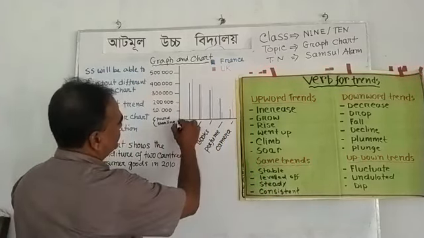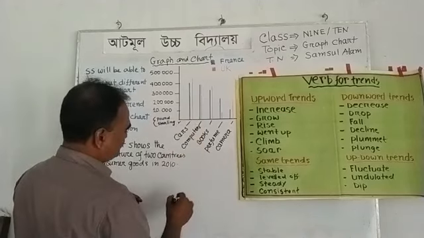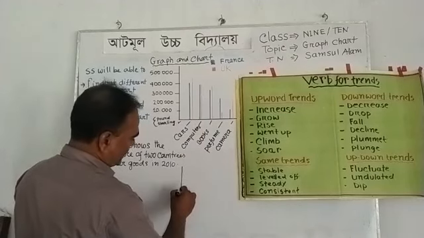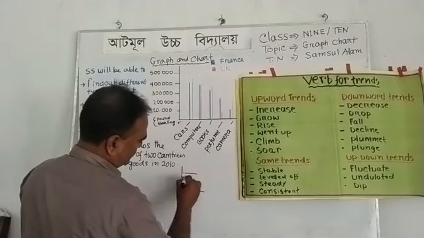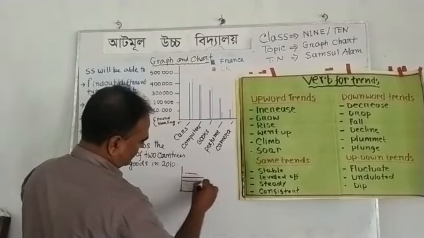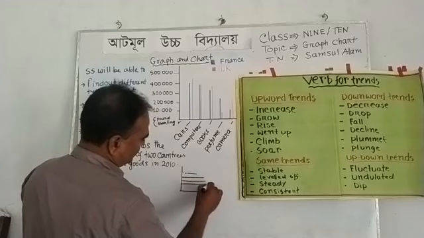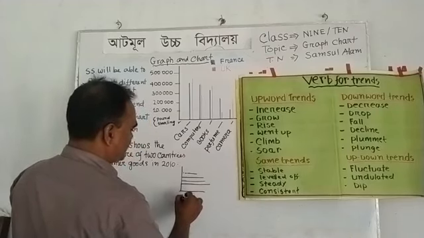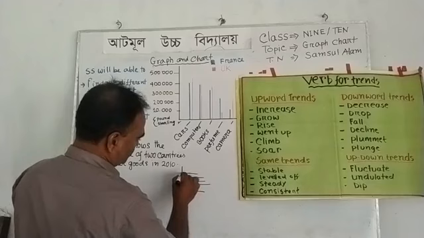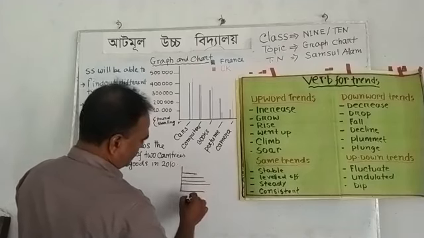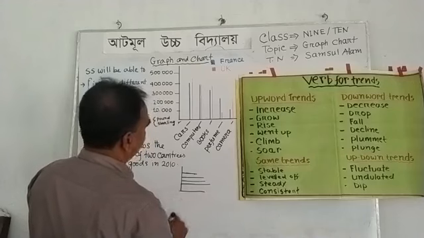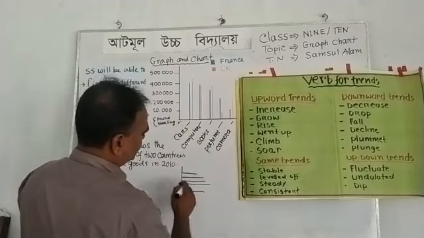So this one is a bar chart, and if the chart is like this, this one is also a bar chart, but this one is a column chart, and this one is called a bar chart.